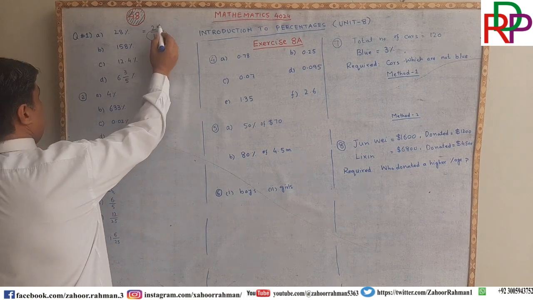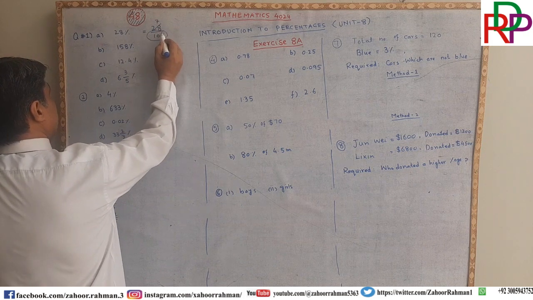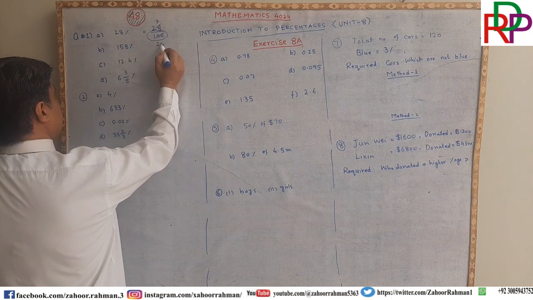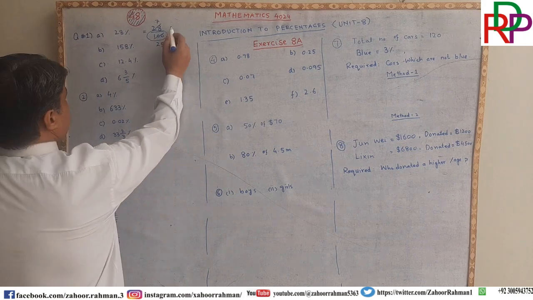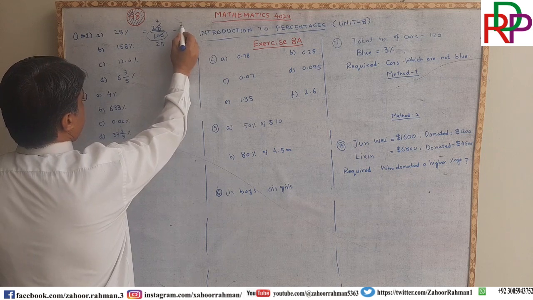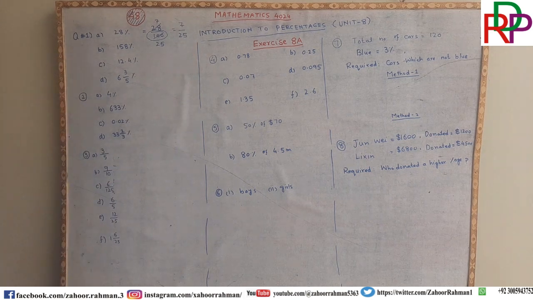So it can be divided by 4, so it will be 25, and 7 over 25 is the answer in this case.